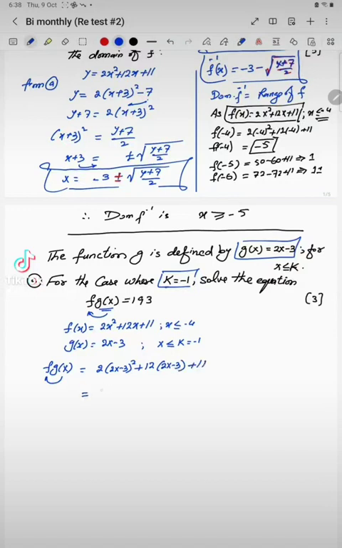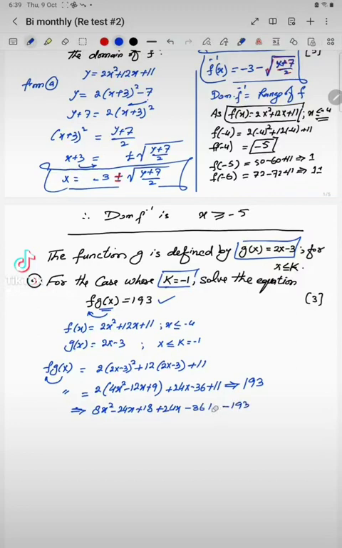Now we can simplify it. 2 into (4x square minus 12x plus 9) plus 24x minus 36 plus 11, and this whole is equal to 193, as given in the question. Further simplifying, we get 8x square minus 24x plus 18 plus 24x minus 36 plus 11 minus 193 equal to 0.